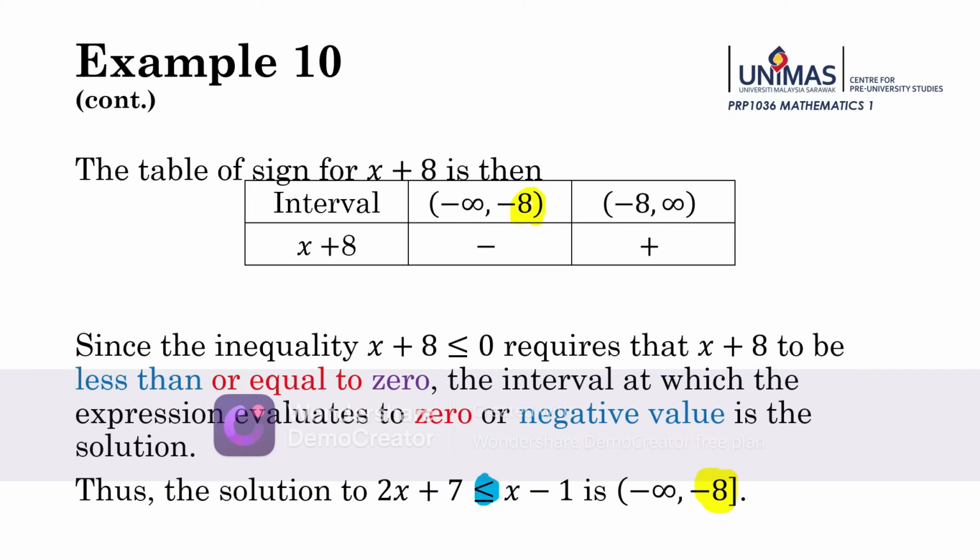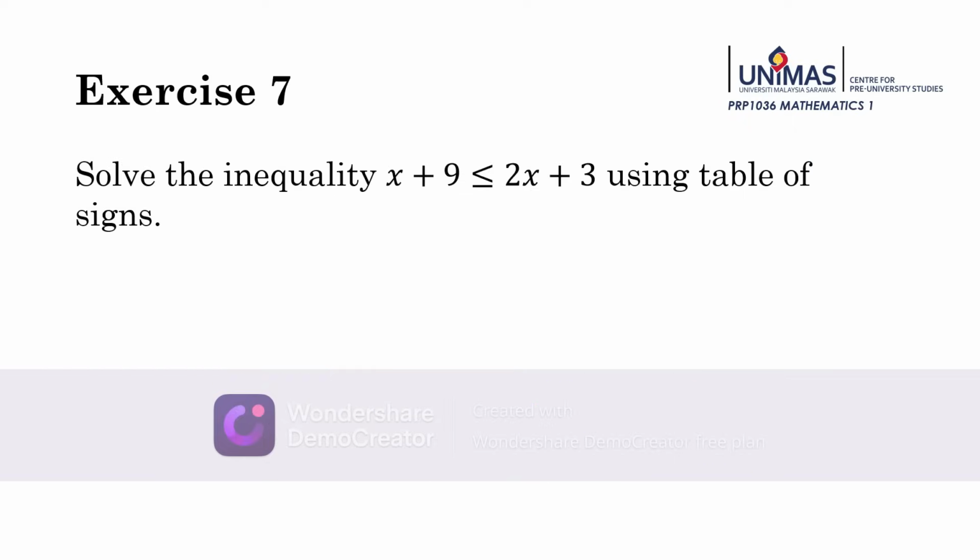So for your interval in your table of sign, you can write without open or close bracket. But your final answer must have a close bracket if you have an equal sign. So this one is less than or equal, so you need to have a close bracket.